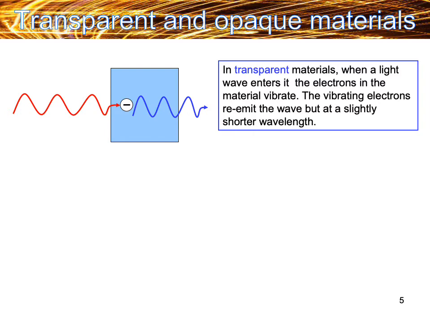Because of that, it has a little bit of latency to respond to this external oscillation. Therefore, there's a time lag between the absorption of the light by the electrons and the re-emission of the wave by those oscillated electrons. So that makes the light travel slower inside the matter.